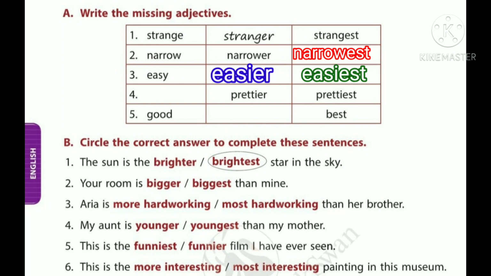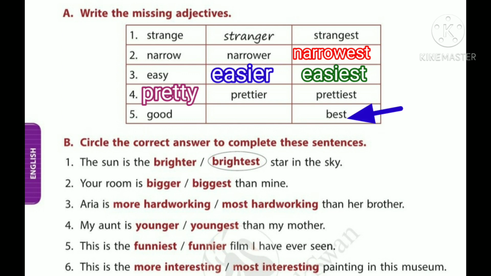Prettier, prettiest. So what is the positive degree of prettier and prettiest? Can you guess? Yes, the answer is pretty. What's the spelling? P-R-E-T-T-Y. And fifth one, good. Positive degree is good. Superlative degree is best. So what's the comparative degree?